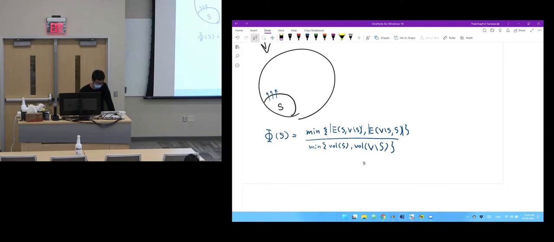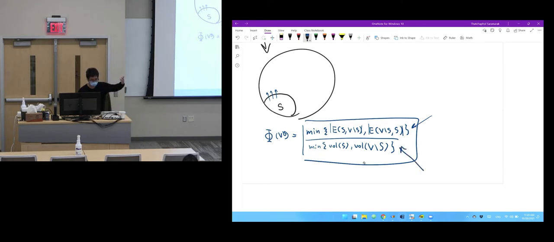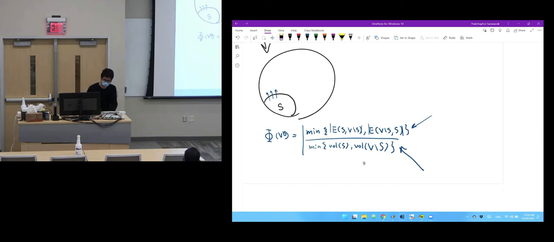No, this is symmetric. This function is symmetric, right? If you replace it by this thing, it's the same, because I take the min in the numerator and I take the min in the denominator too. Yes.